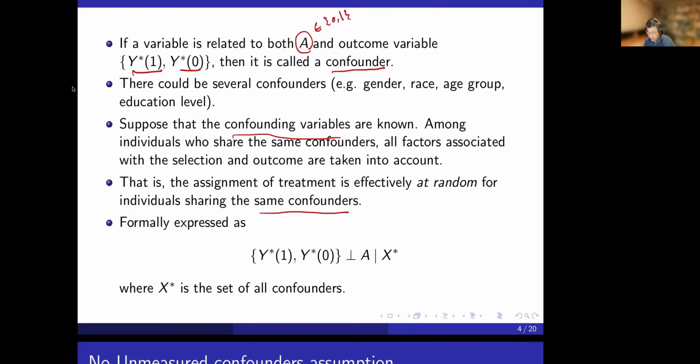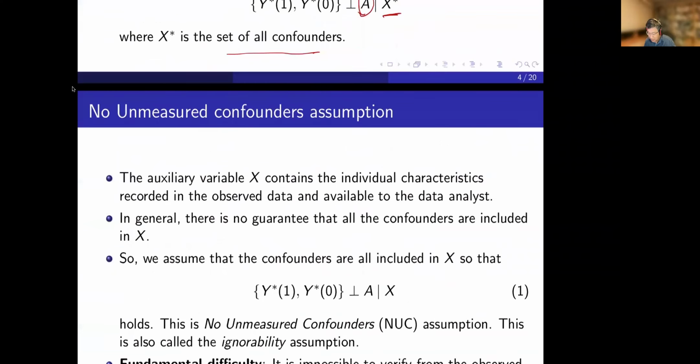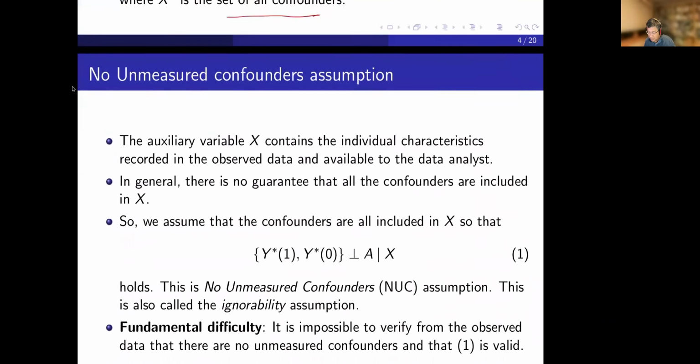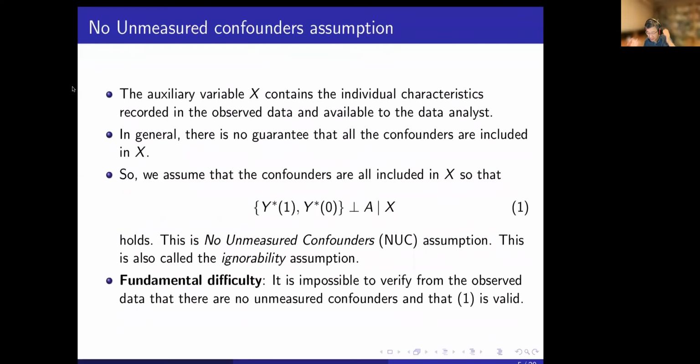That is basically the idea. So given the set of all confounders, the selection between the two doesn't depend on the counterfactual Y variable. That is a strong assumption, but that's the assumption that we make.